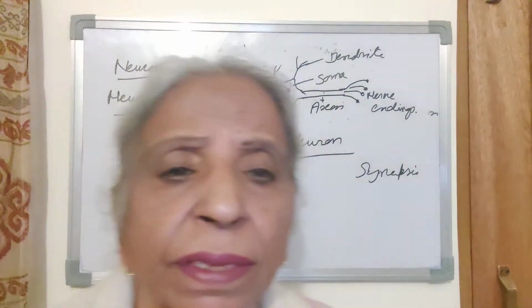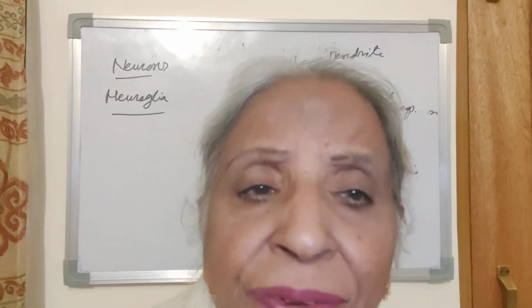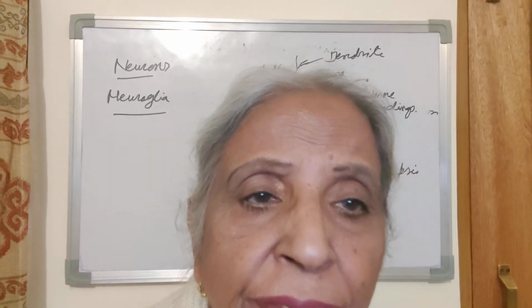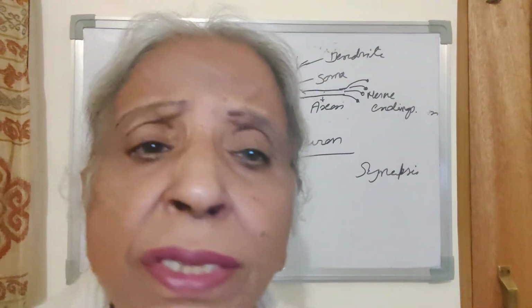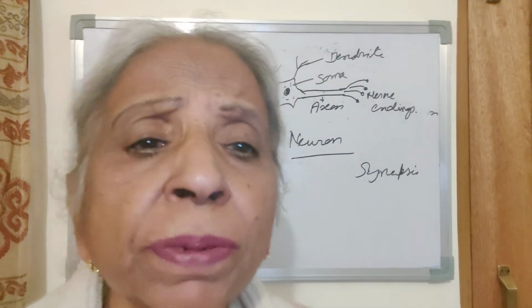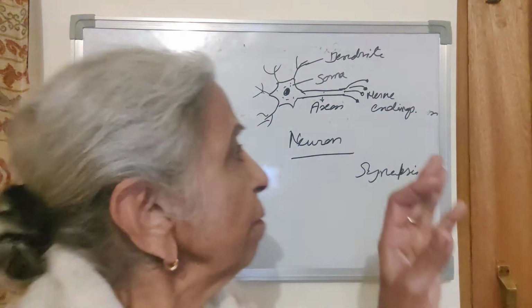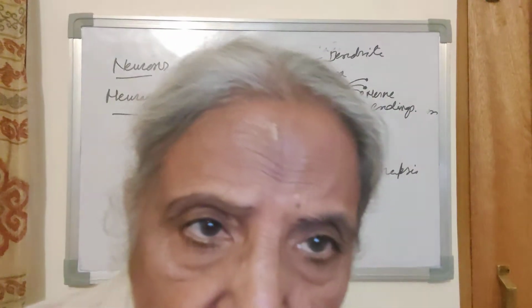Neurons can't divide. They have lost the power of division. They are amitotic, not mitotic. So once they are damaged, they can't be repaired. However, neuroglia surround the neurons.